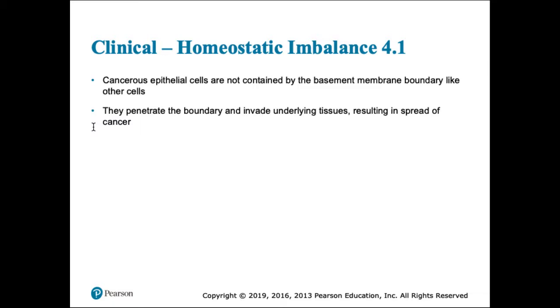However, cancer cells have the ability to penetrate that boundary with different mechanisms, and as we talked about last chapter, they can't undergo apoptosis. So they just penetrate that boundary and spread. But normal cells don't do that.